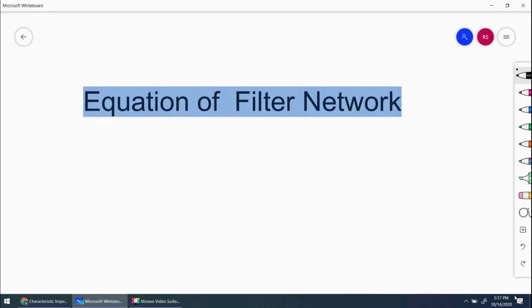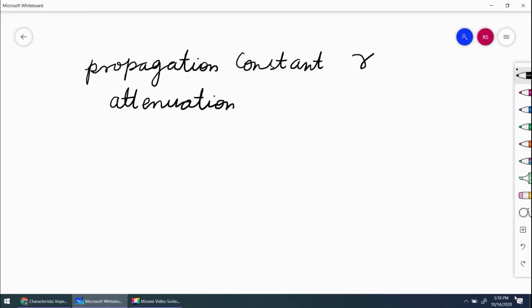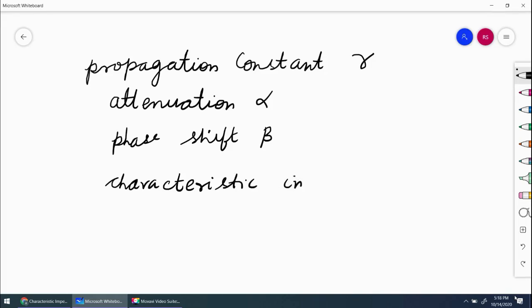The study of the behavior of any filter requires the calculation of its propagation constant gamma, attenuation alpha, phase shift beta, and its characteristic impedance Z0.